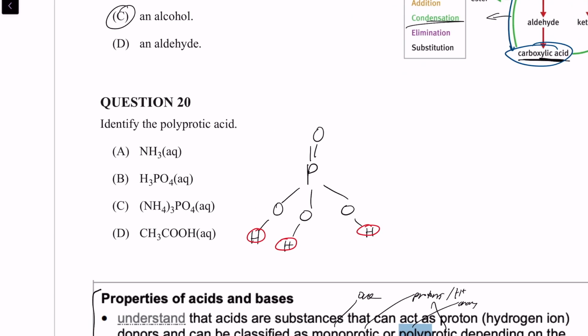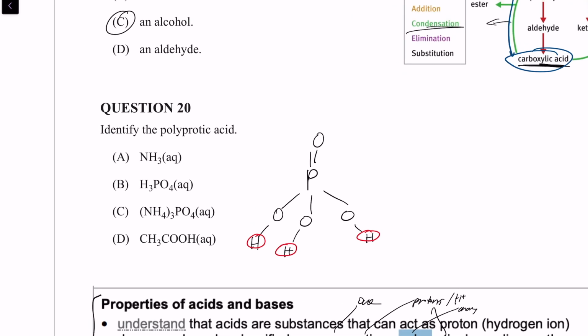As I gave the example of H3PO4, we have 3 hydrogens to donate, and so that's why the answer here is B, indeed. We can cancel out the other options as well.